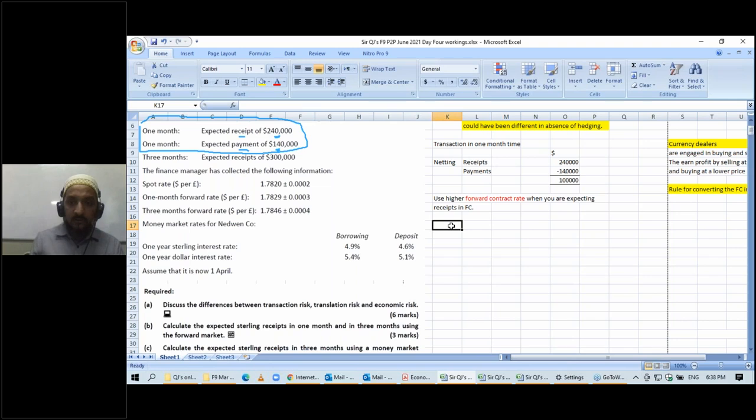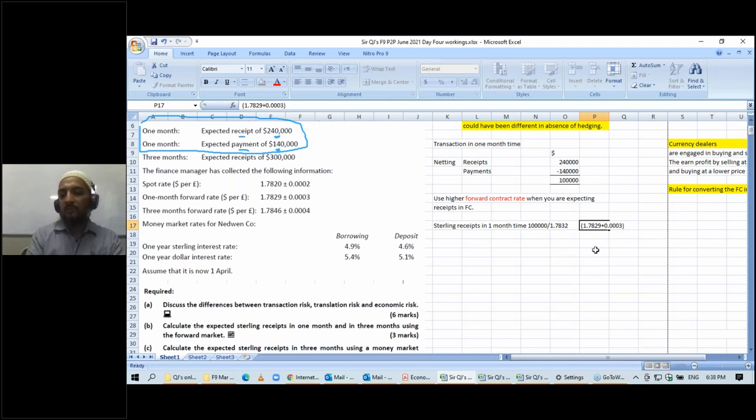So your sterling receipts in 1 month's time will be 100,000 divided by 1.7832. Now, how did you get 1.7832? This is how you get it: you take the 1 month forward rate, 1.7829, and add 0.0003 to it.